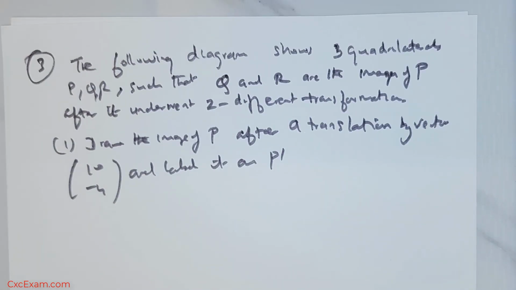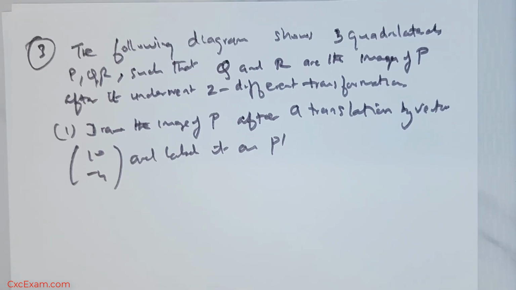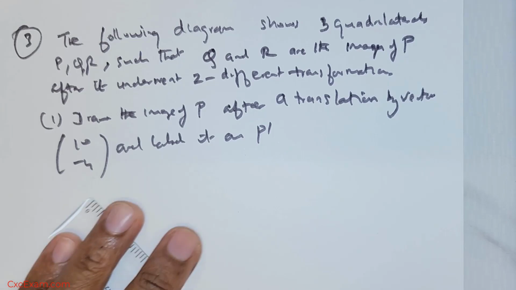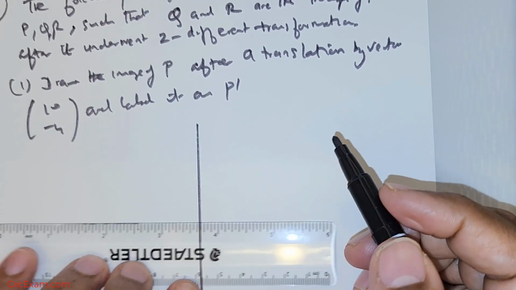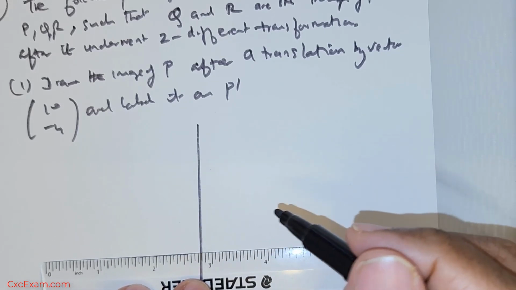Okay, so foremost let me draw the quadrilateral. So I will use the space.